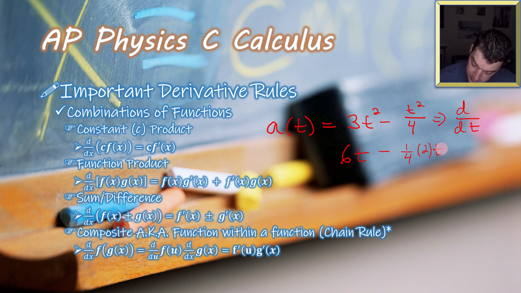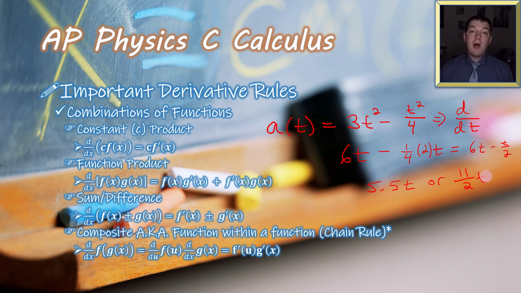So we see that this is equal to 6t minus t divided by 2. We can either leave that 5.5t, or we can write that as 11/2 t.